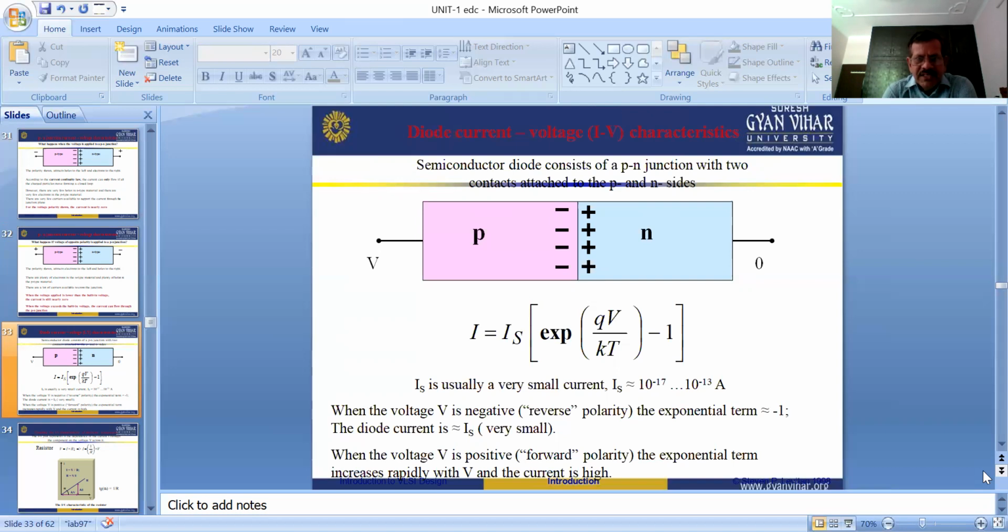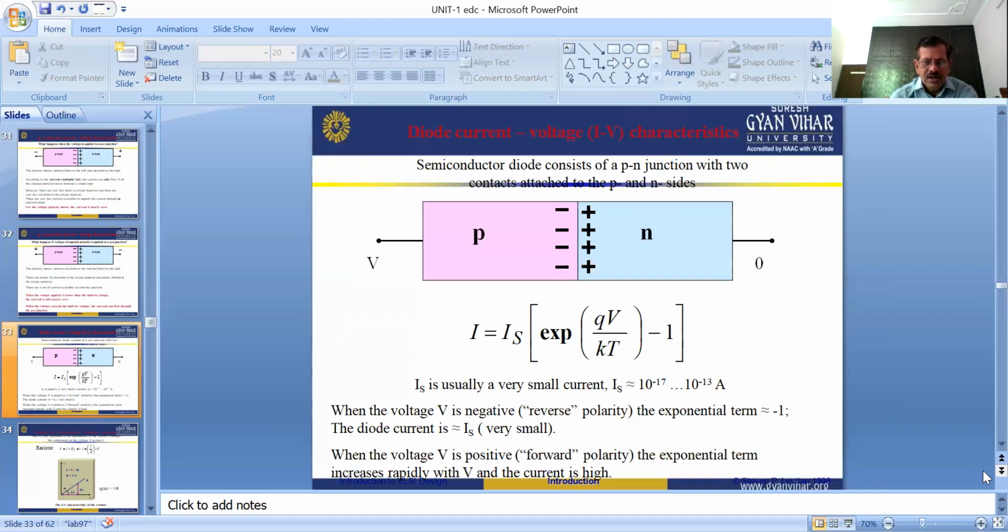When the voltage V is negative, or reverse polarity, the exponential term becomes approximately zero, so the exponential term minus 1 equals minus 1, and the diode current is equal to minus Is, which is very small. This is the first condition, when V is negative. When the voltage V is positive, this is the second condition.